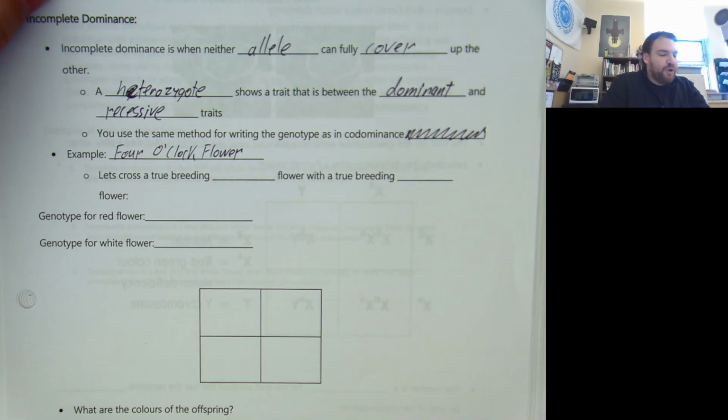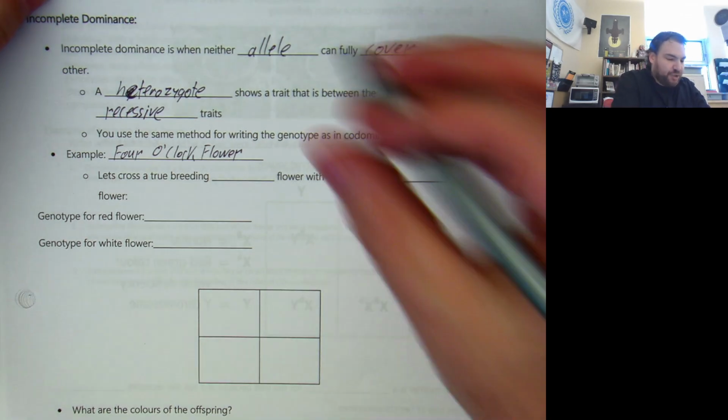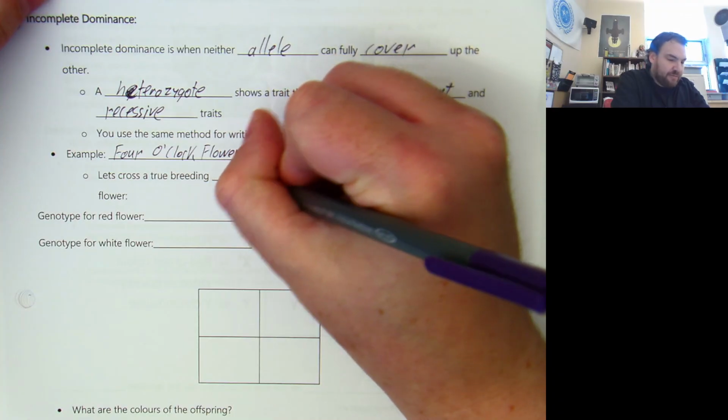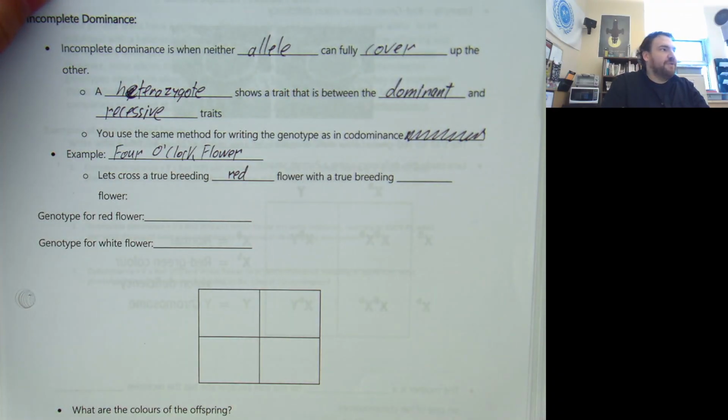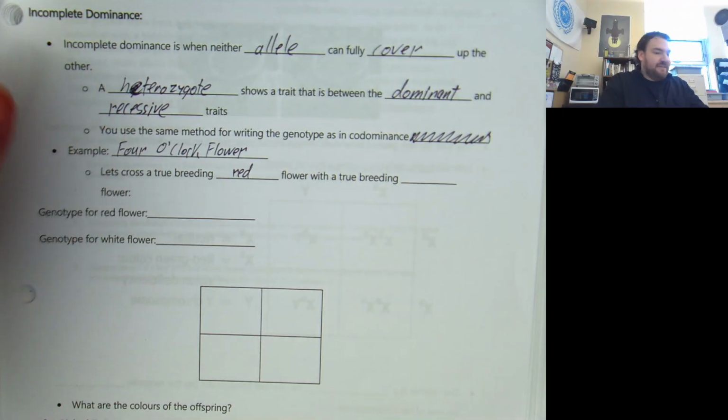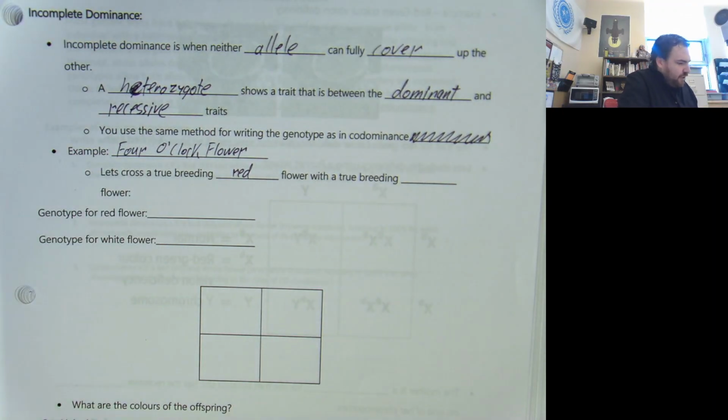These are also true breeding flowers. We're going to take a true breeding red flower. So true breeding red means, I'll go back to the definition for true breeding for those of you who have forgotten. Where are you, true breeding? Here we go. These are plants that reproduce with predictable results.